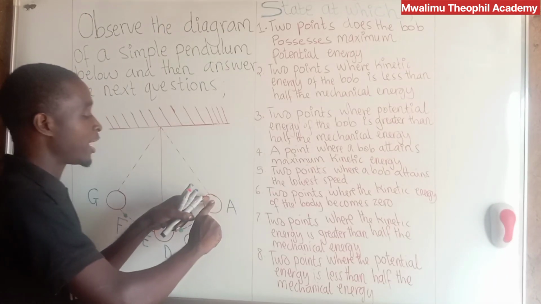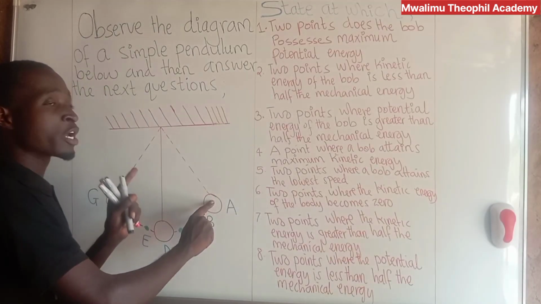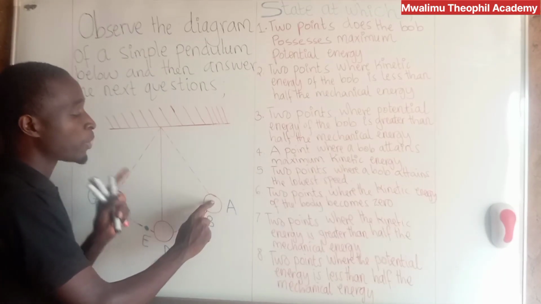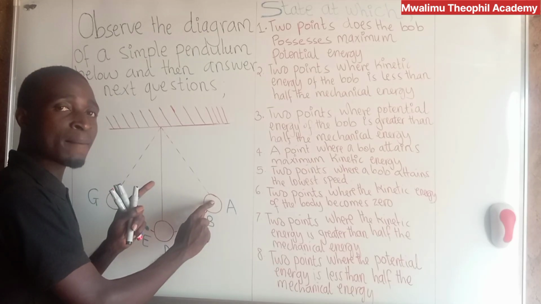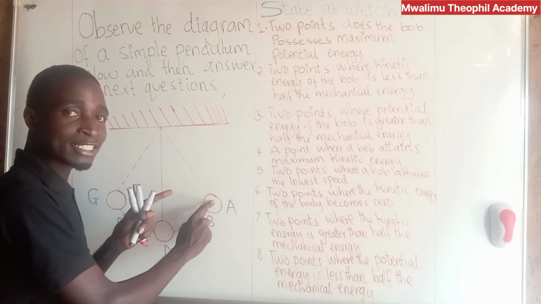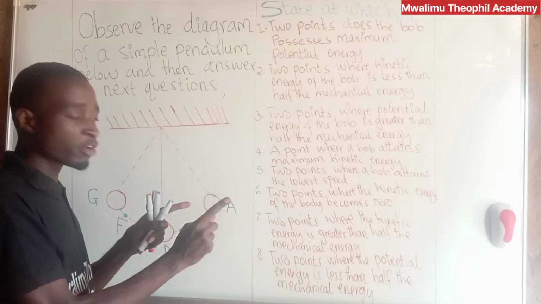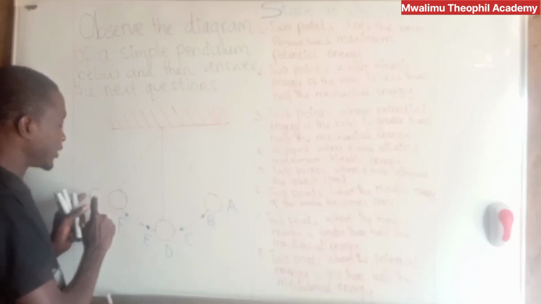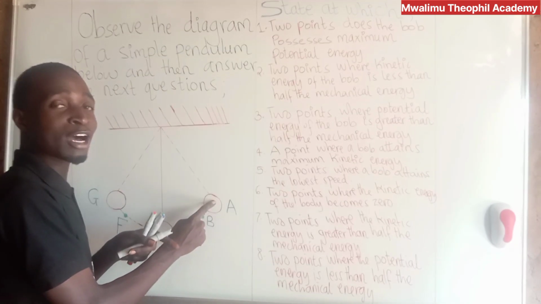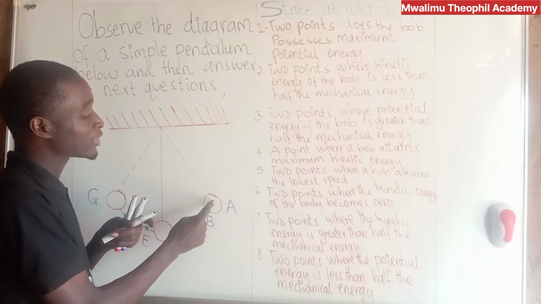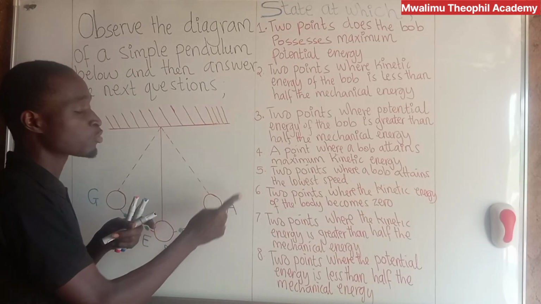So at point A and G, you can recognize that the bulb possesses maximum potential energy, which is equal to the mechanical energy, and at point A and G, the kinetic energy becomes 0. Why? Because its velocity is equal to 0.